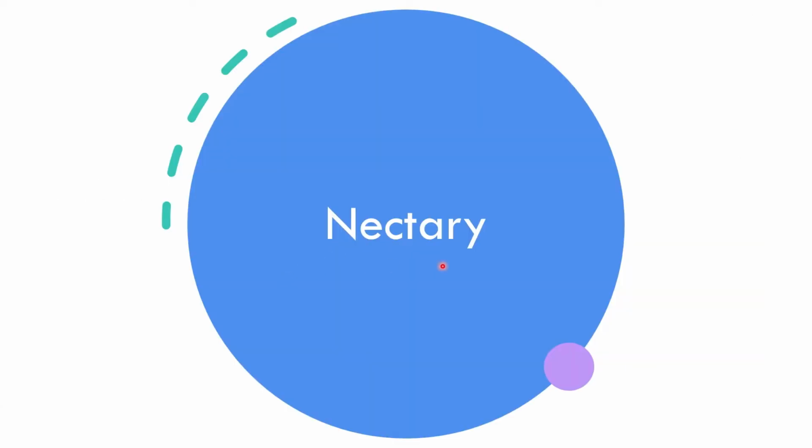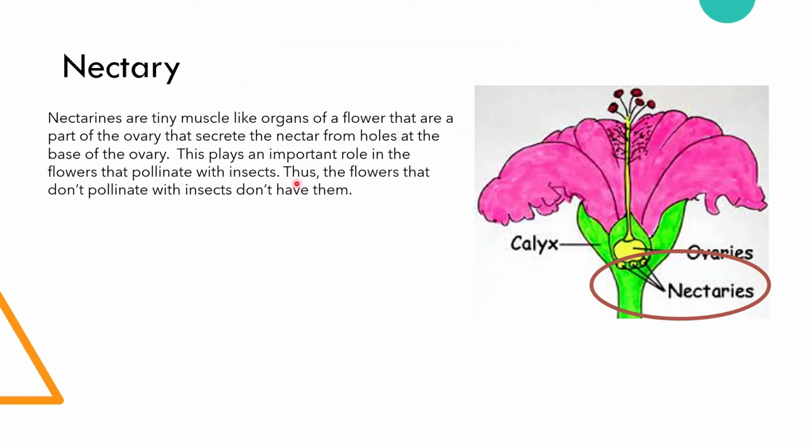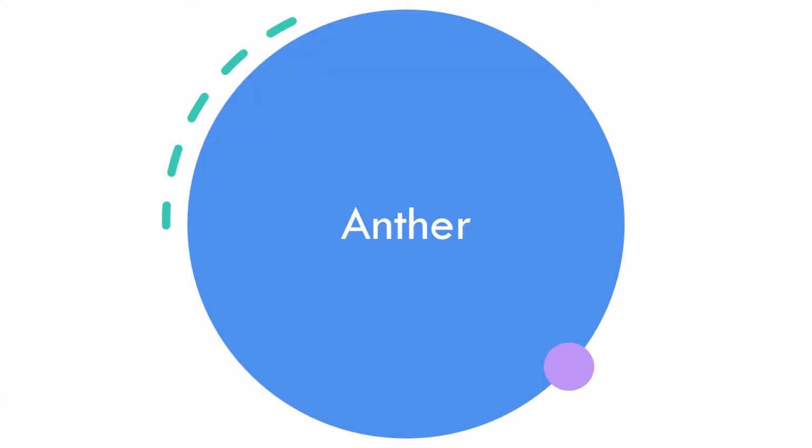Then the nectary. The nectaries are tiny gland-like organs of a flower that are a part of the ovary and secrete nectar from holes at the base of the ovary, which is very important for the flowers that are pollinated by insects, because that gives the insects a reason to come to the flower.